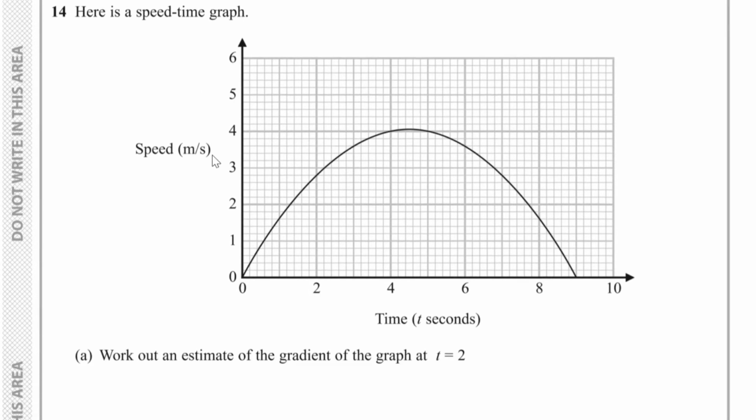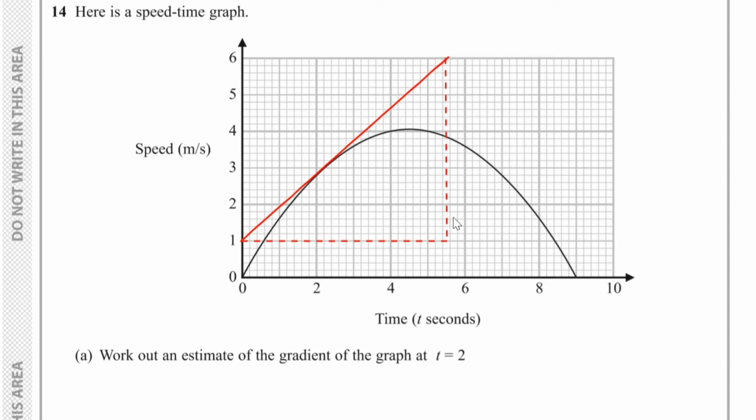Question number 14. Here is a speed time graph, and what we have to do is work out an estimate for the gradient of the graph at t equals 2. Well, at t equals 2, what we need to do is draw a tangent to the curve, something looking like this. And what we need to do now is find the gradient of this. So to find the gradient, what we can do is use the fact that the change in y over the change in x is the gradient.